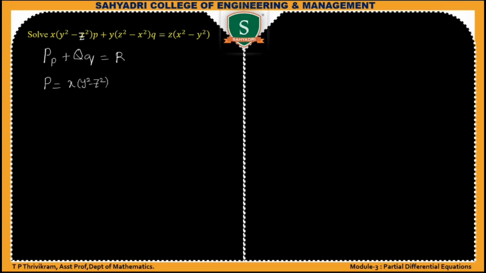Capital Q is equal to y into (z square minus x square). Next, capital R equal to z into (x square minus y square). What happens?